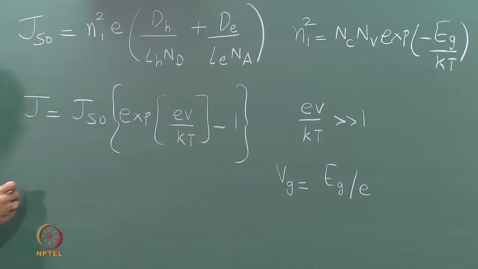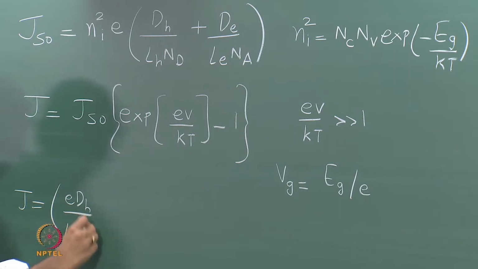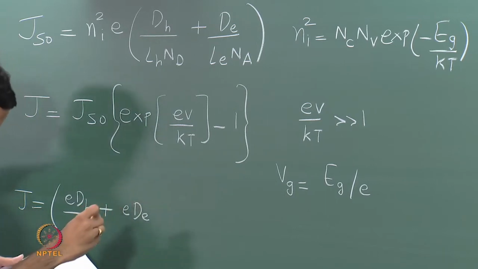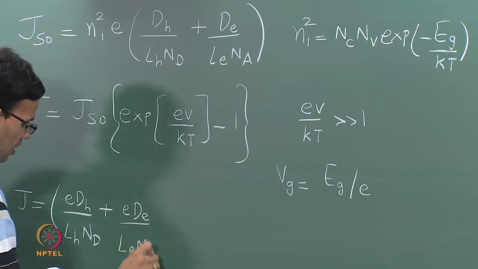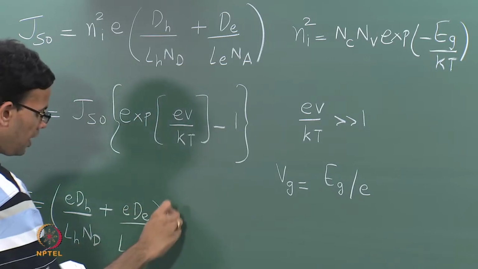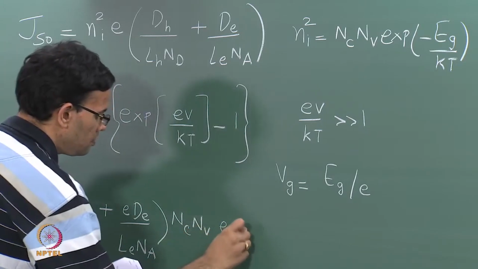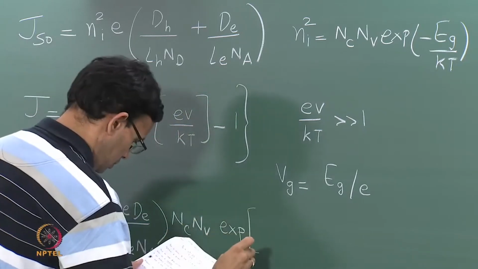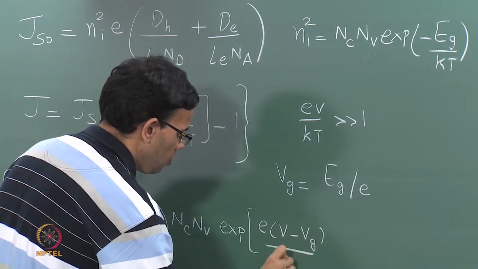So, if you do that, J becomes equal to e dH over LH ND plus e dE over LE NA, and Nc Nv exponential e times V minus Vg over kT.